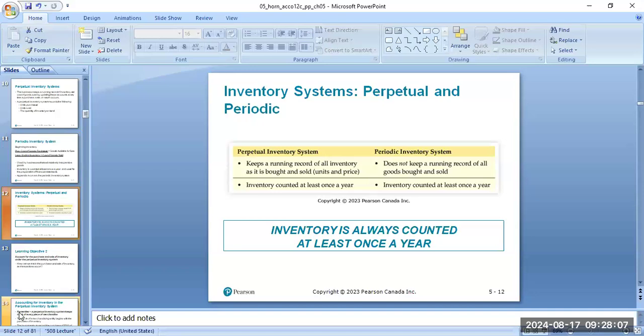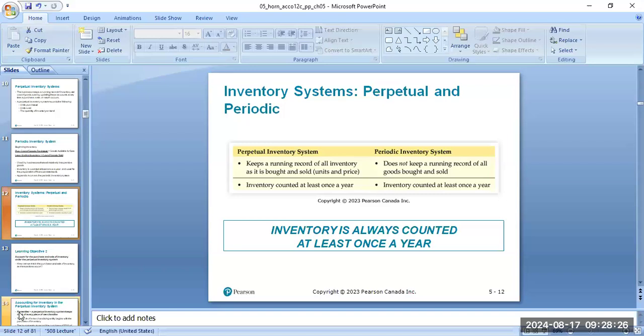So, perpetual, periodic. Perpetual keeps running records of all the inventory when it's bought, when it's sold, and when it's returned. Inventory is counted at least once a year.